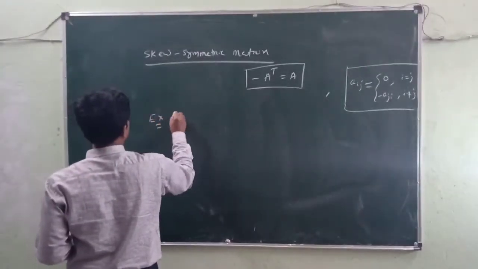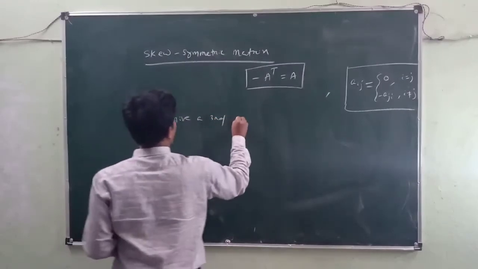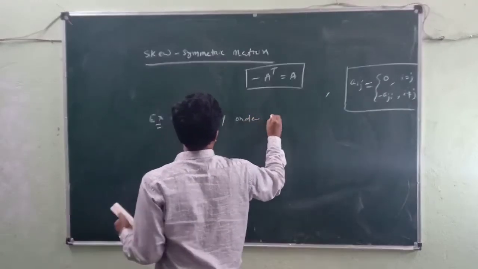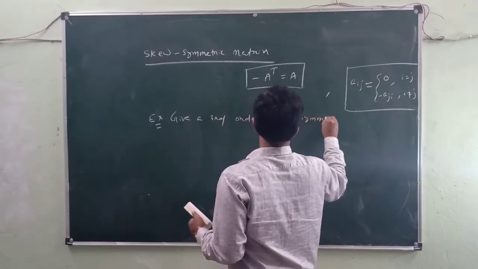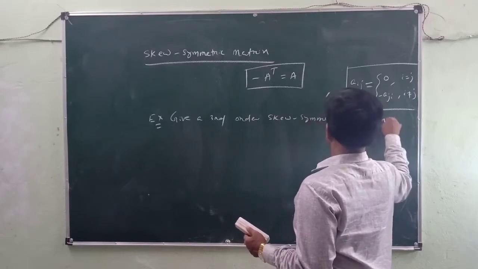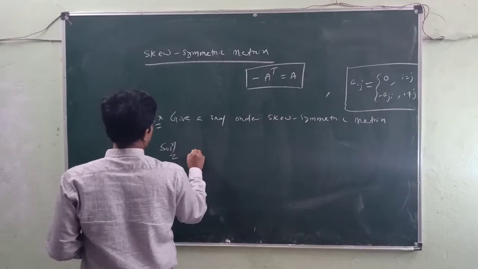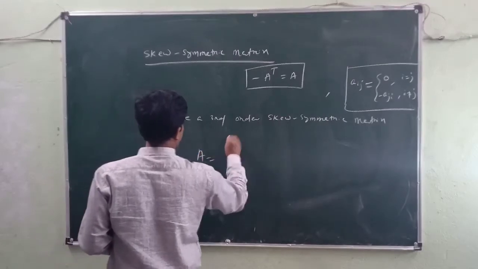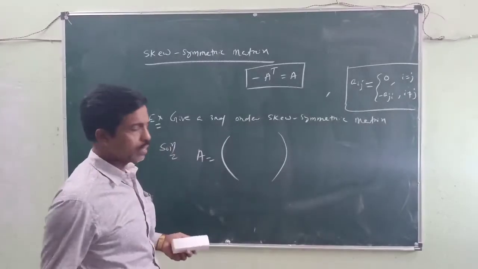Suppose we are given a third order skew symmetric matrix. In the solution, suppose I write A is a third order square matrix.